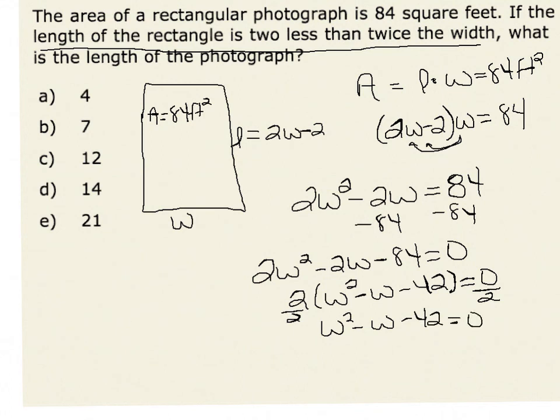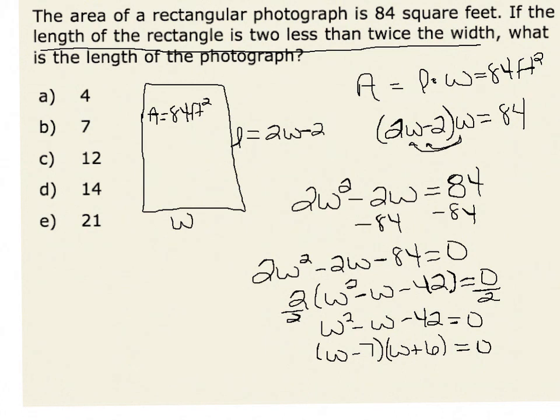One way that I can solve this quadratic equation is to factor it. This means I'm looking for 2 terms that multiply to a negative 42 that add to a negative 1. This would be negative 7 and a positive 6. Factoring W squared minus W minus 42 into W minus 7 times W plus 6.